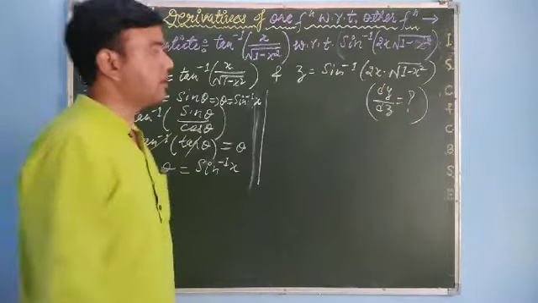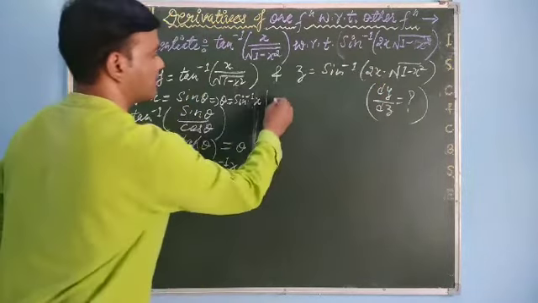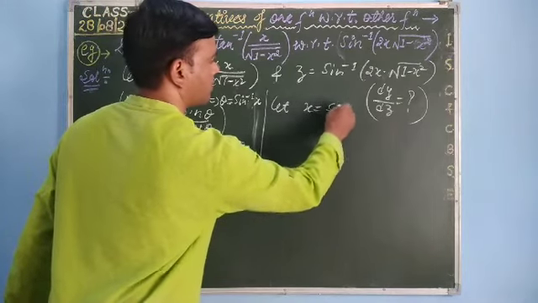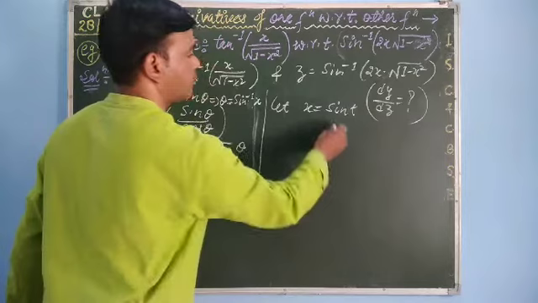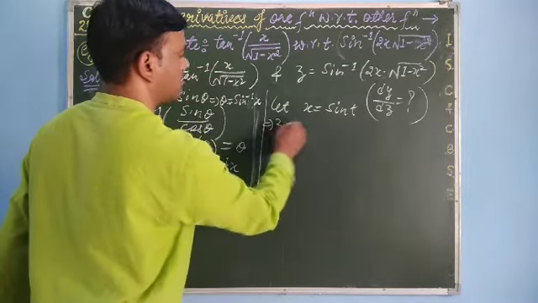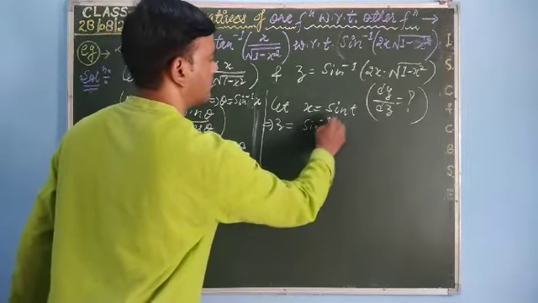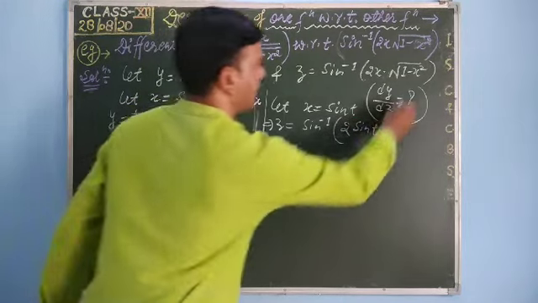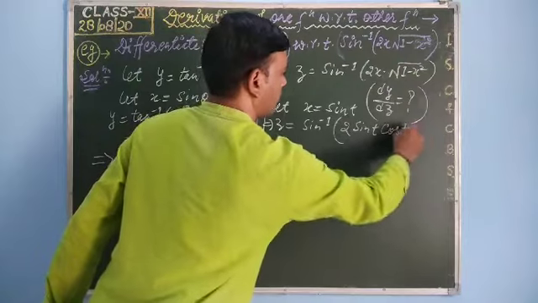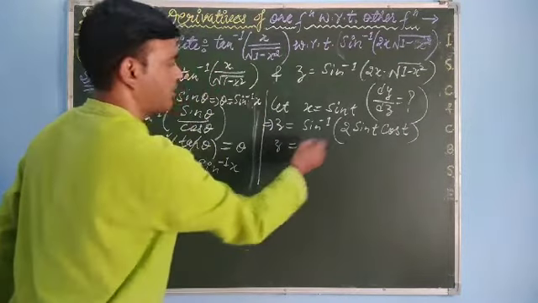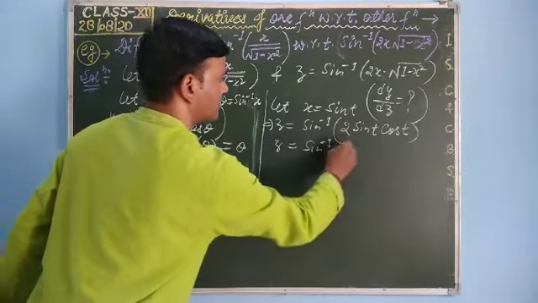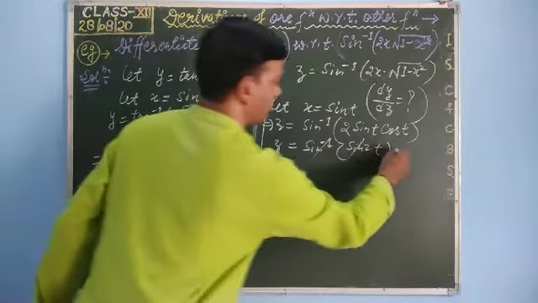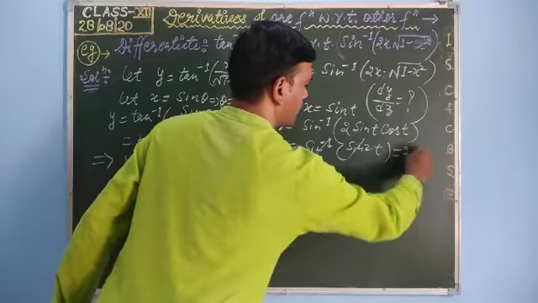Okay, so for this let x is equal to sin t. So we get z is equal to sine inverse of 2 sin t cos t. Earlier you became quite aware of this formula, sine inverse of sin 2t, and this sine will be cancelled out by sine inverse, and we get 2t.